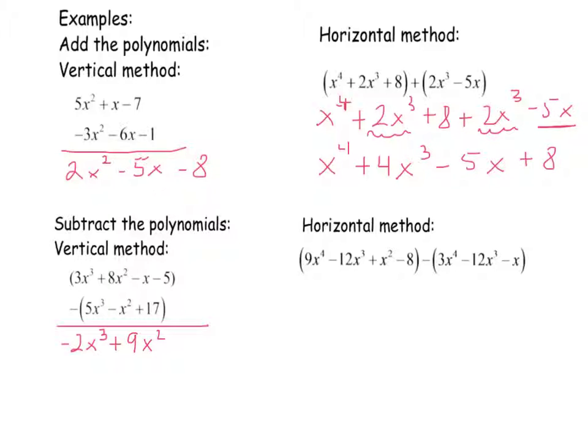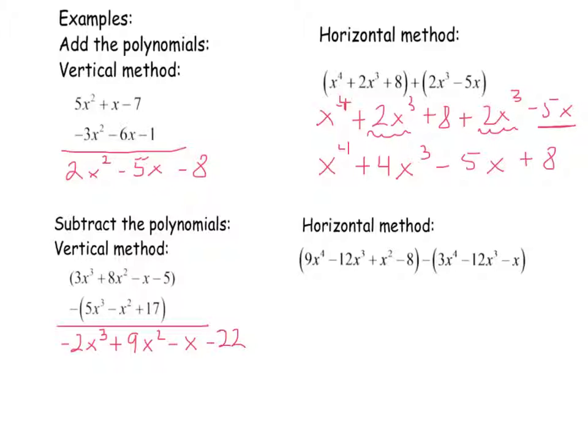Then I have negative x, and I don't have any x terms underneath, so I'm just going to say negative x. And last I have negative 5, take away 17, which will give me negative 22. And again, I wrote my polynomial in standard form.